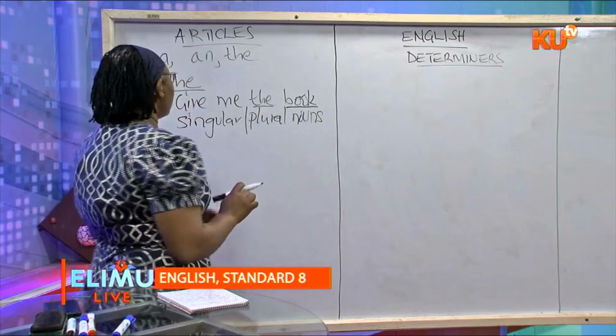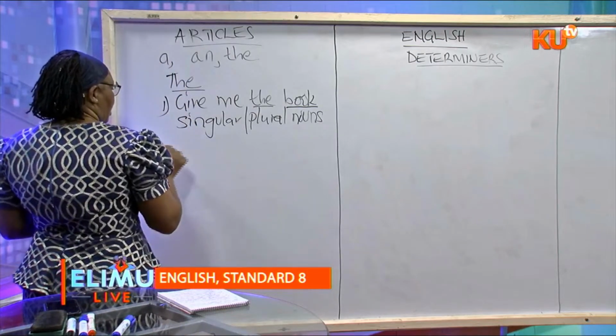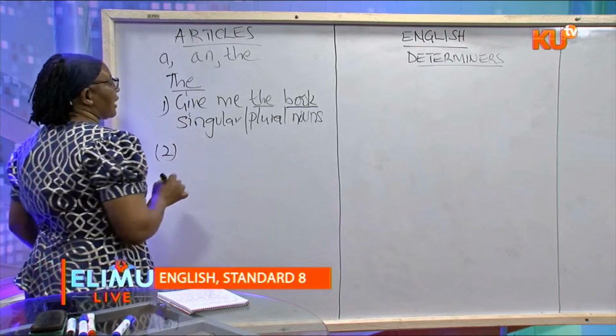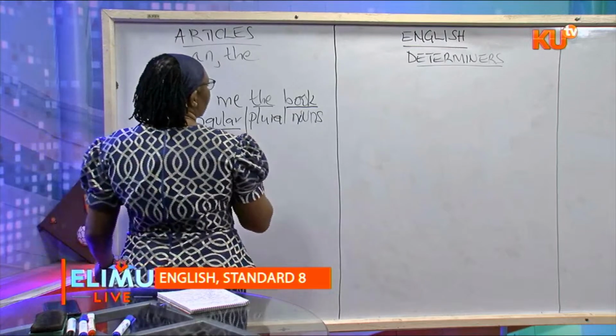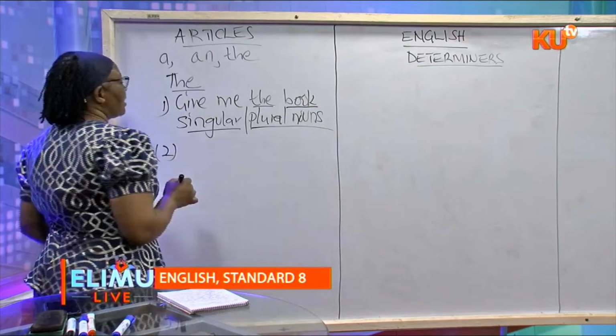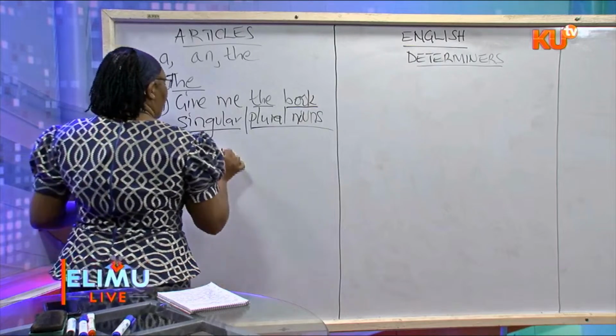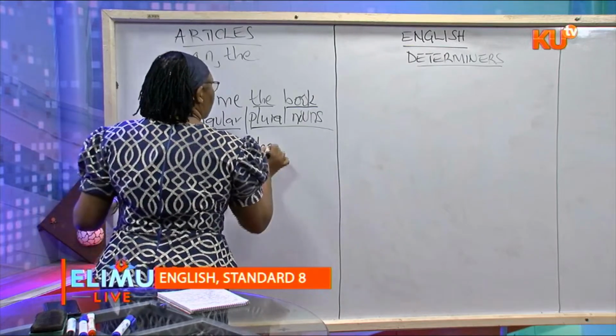When I say give me the book, that is one sentence. And I've said it can be used with singular or plural nouns. And I can change this sentence to plural and say, give me the books.